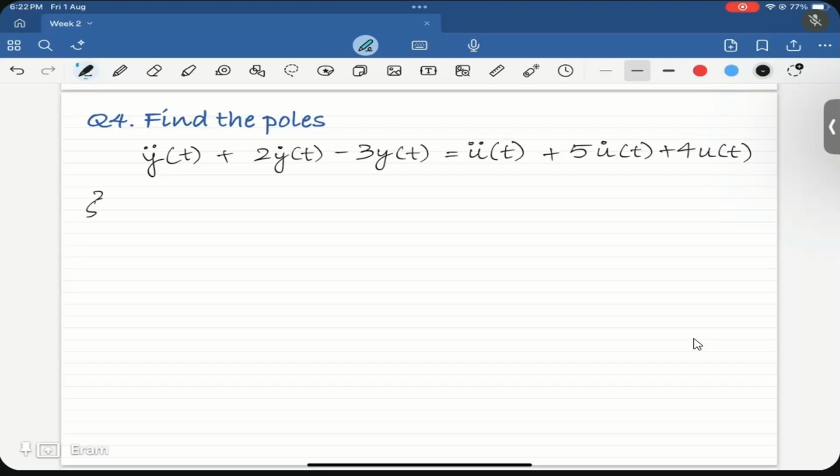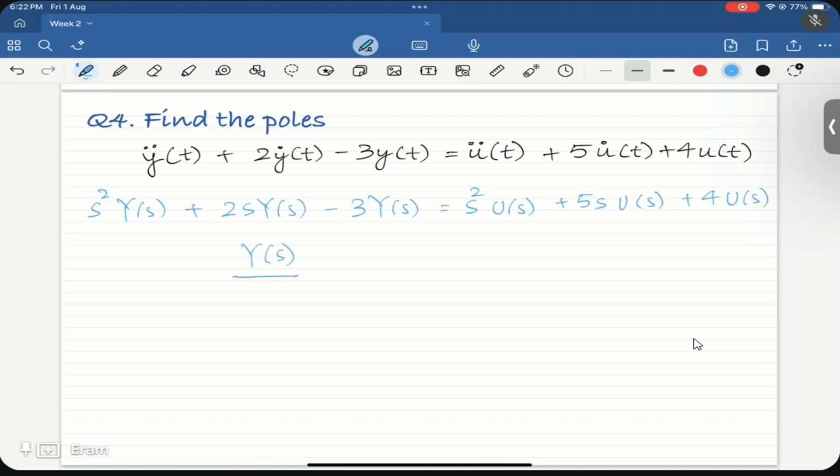s square Y s plus 2sY minus 3Y equals s square U s plus 5sU plus 4U. Now for the transfer function, we have to divide output by input.